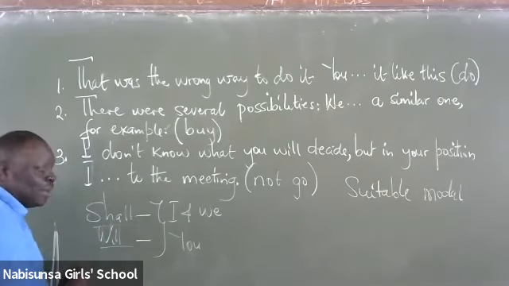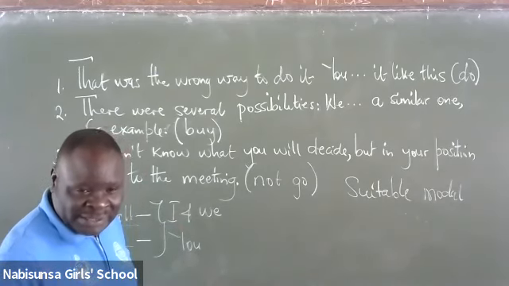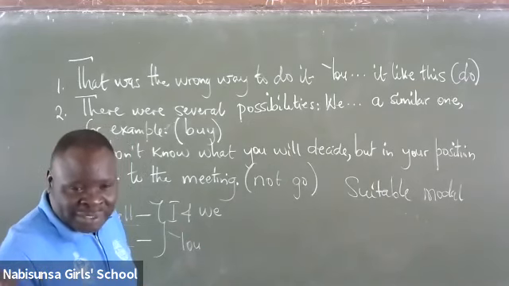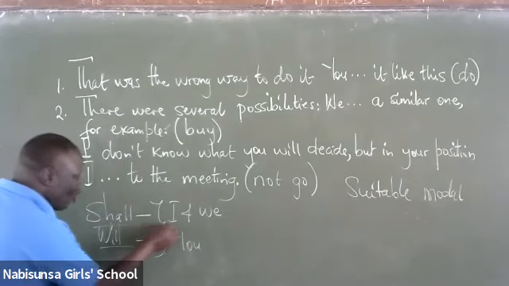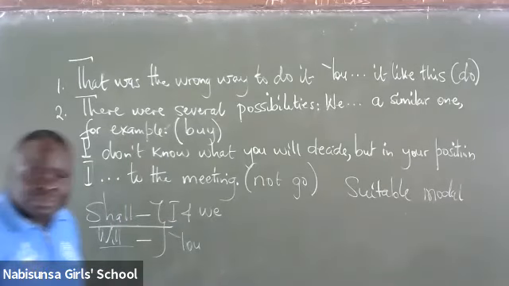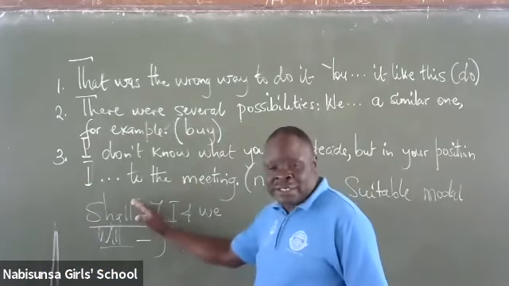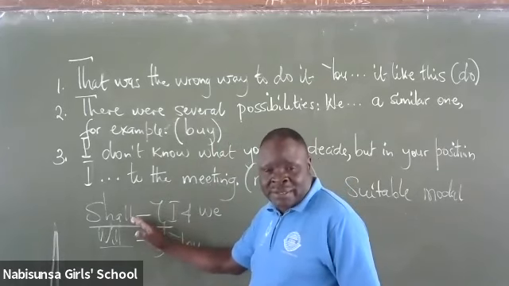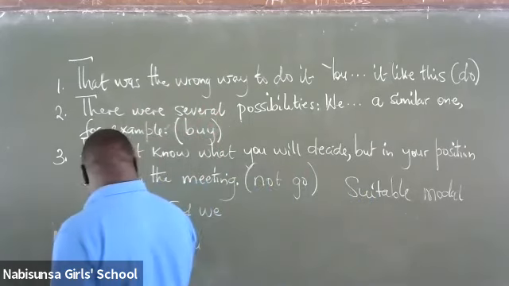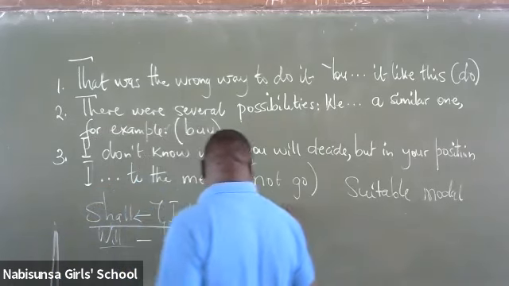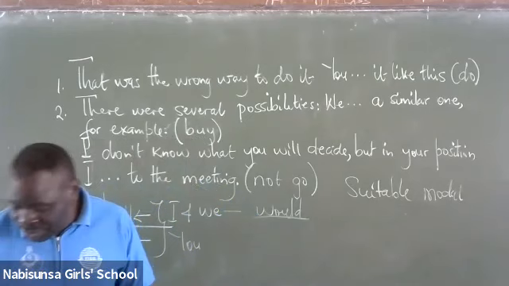But if we are looking at this in terms of past tense, pieces of advice, permission, and so forth, this no longer holds. It only holds when we are talking in terms of the present and future tense. When we change to the past tense, in most cases, this shall changes to would, as you will see when we continue with this work.